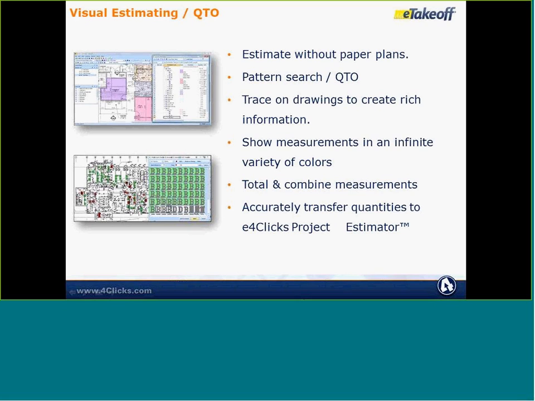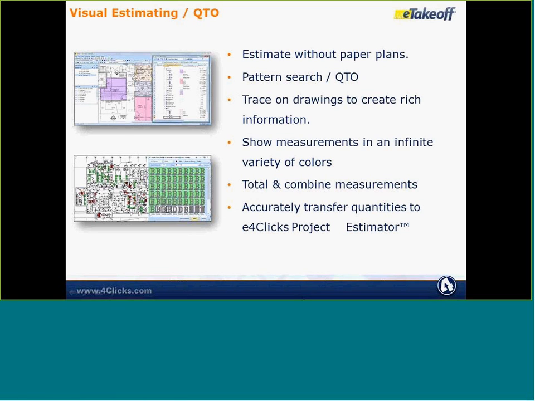So if you're doing things like electromechanical, where you have to find labels like outlets and fixtures and so on and so forth, that makes it a lot easier. When you're doing your takeoff, you trace on top of the drawings, just like you probably would do on paper. It collects a whole bunch of information while you're doing that tracing, and colors the drawing at the same time. You don't have to write things down. You don't have to go back and color the drawing yourself.